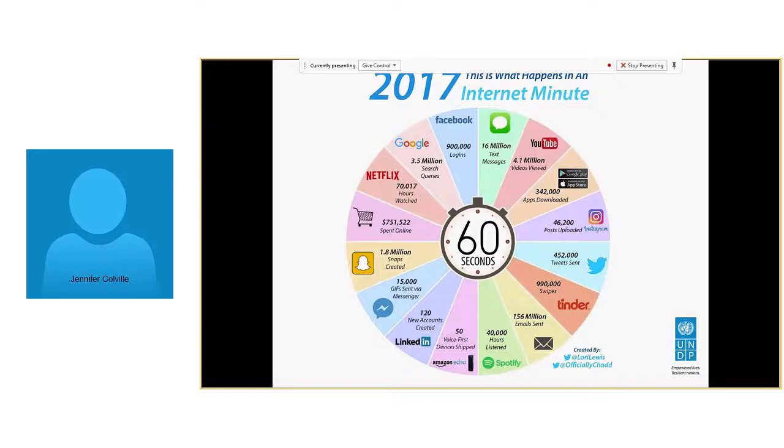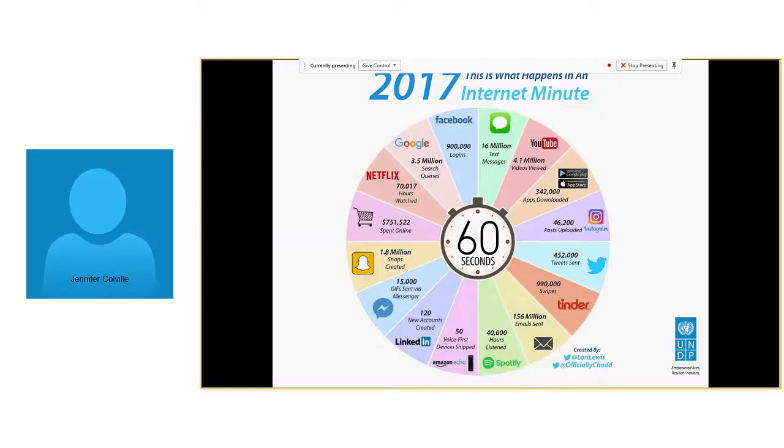The amount of data that gets produced as a result of these actions and interactions is overwhelming and astounding and scary and powerful all at the same time. And this is just in 60 seconds. That's what we're looking at in 2017. I just thought that was an interesting graphic.